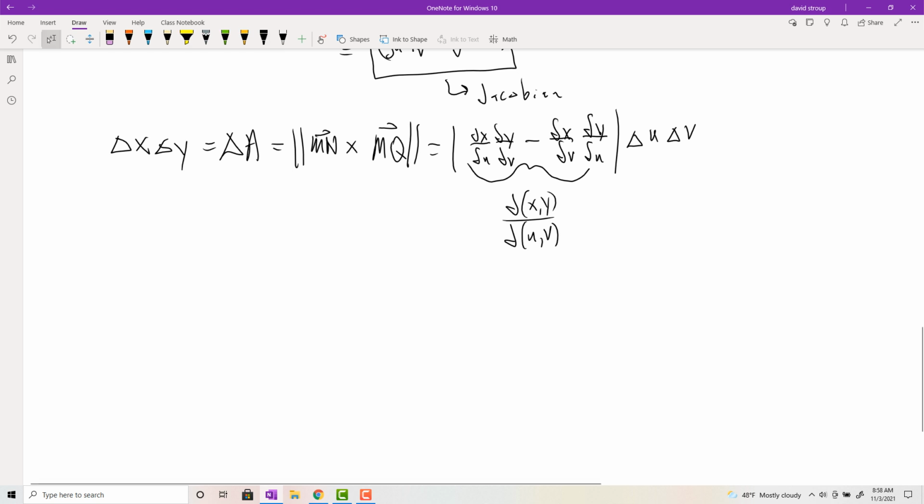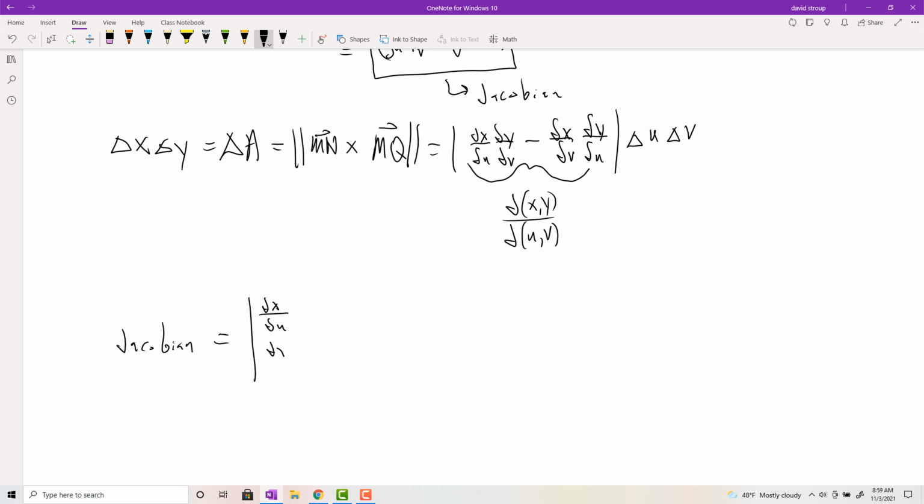Right, so they give you a formula for the Jacobian in terms of determinants. So the Jacobian is basically the partial derivative of x with respect to u times the partial derivative of x with respect to v, and then we had the partial derivative of y with respect to u and the partial derivative of y with respect to v. So again, if you just multiply on the diagonals there, you're going to get what I had written before.